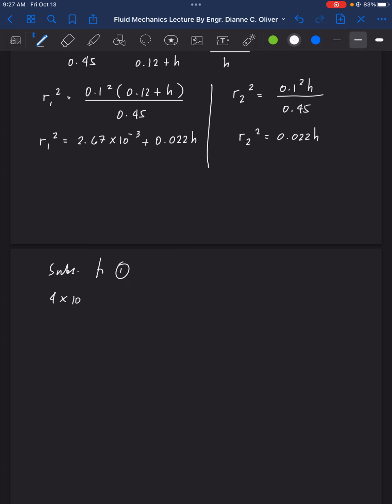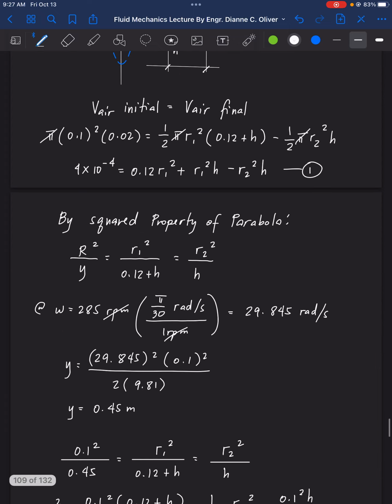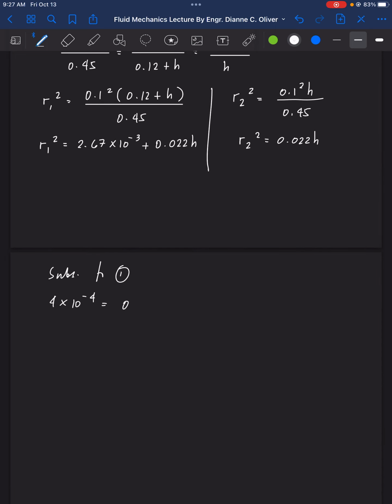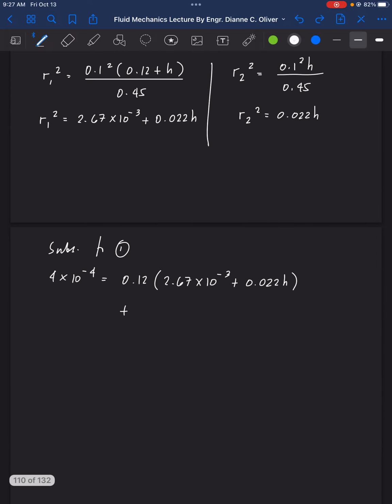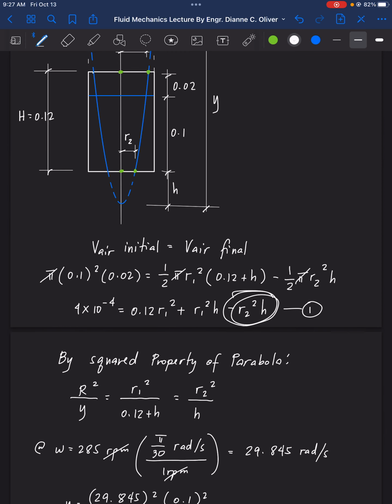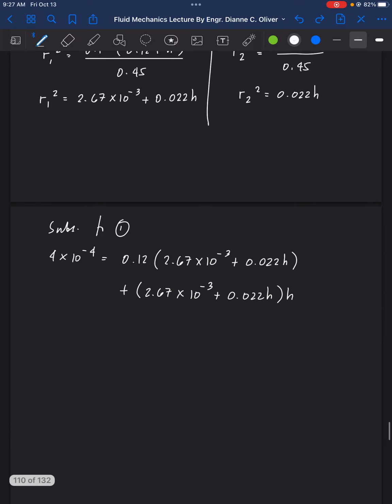So 4 times 10 raised to negative 4 is equal to 0.12 R1 squared, where R1 squared is 2.67 times 10 raised to negative 3 plus 0.022 h, plus h times R1 squared, that is 2.67 times 10 raised to negative 3 plus 0.022 h times h, then minus R2 squared h. So minus 0.022 h times h.